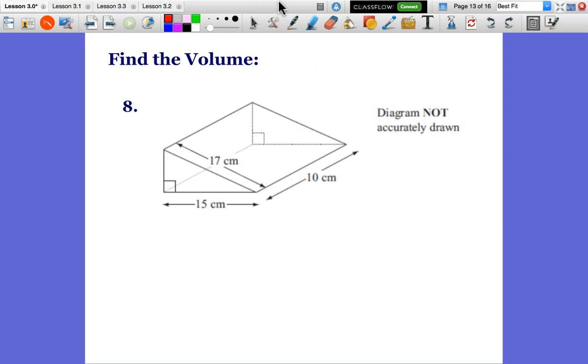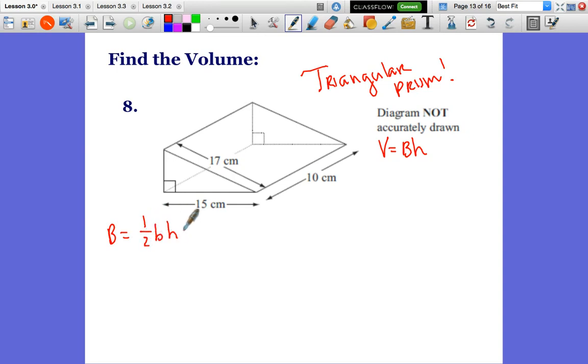Again, if we haven't tried one, please, please, please try it. Also, this is a great one. A triangular prism. So volume's an equal area of the base times the height. Area of the base, 1/2 base times height.